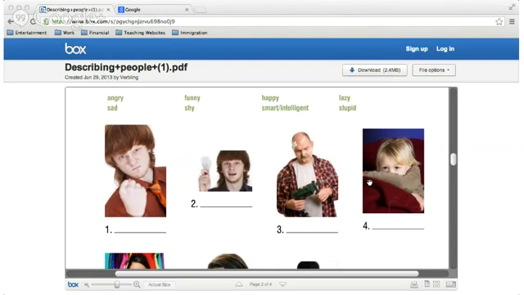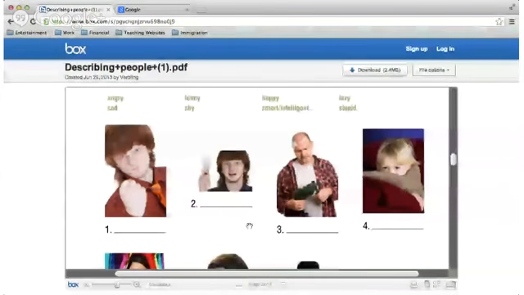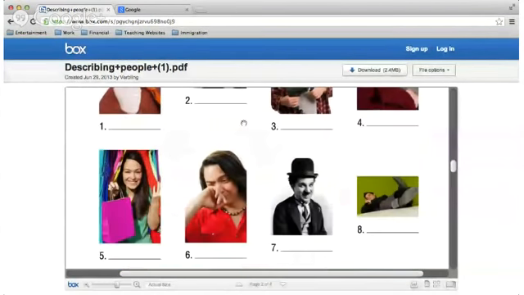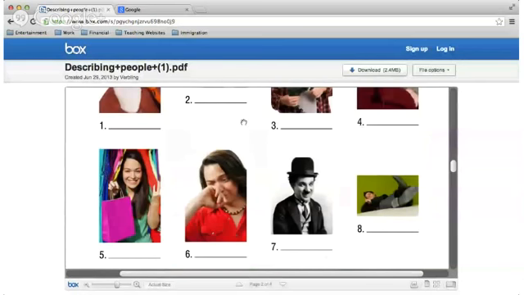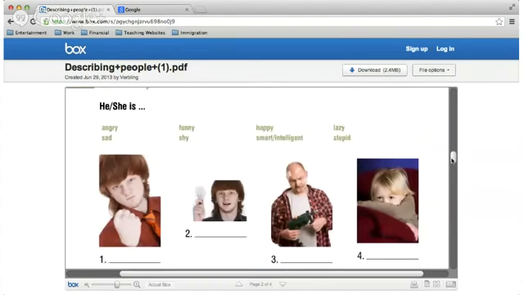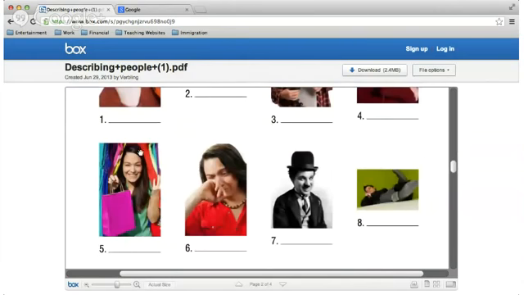Good. Let's see if we can wrap these up. Dennis, number 5, please. She's happy. Oh, okay. Yeah, she would be happy. All right.